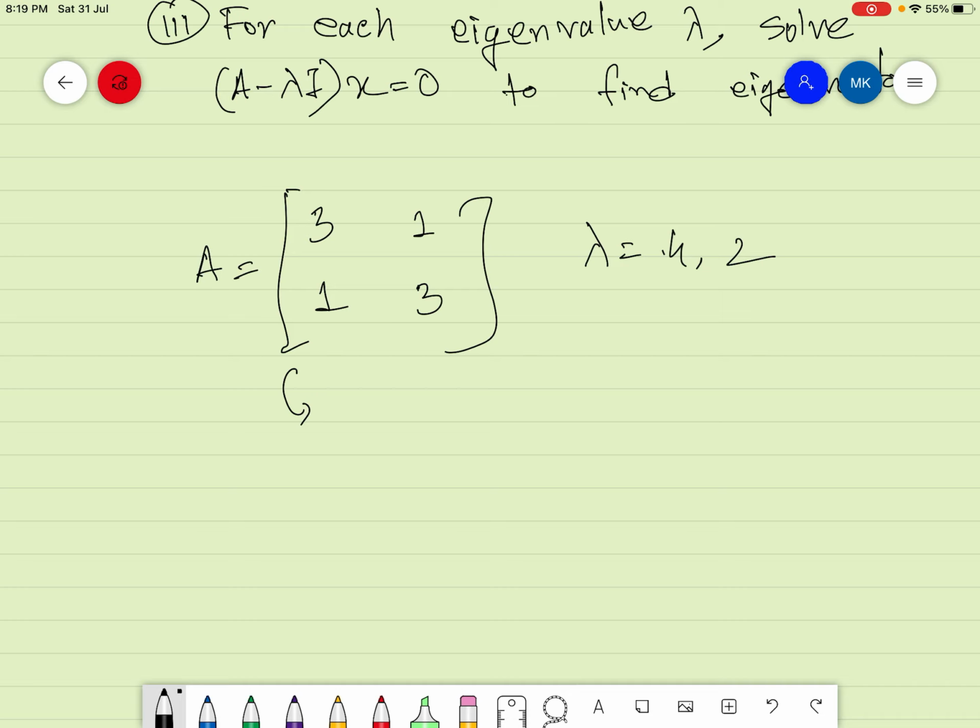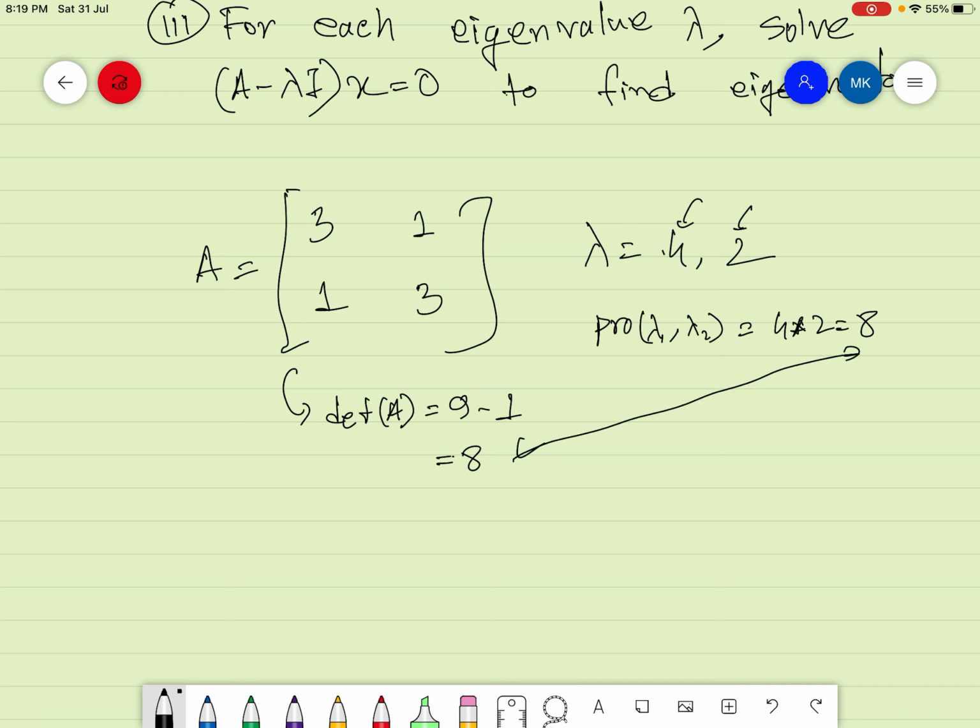So if this is A, then the determinant of A is 9 minus 1, which is 8. The product of lambda 1 and lambda 2 is 4 into 2, which is 8, which are equal.